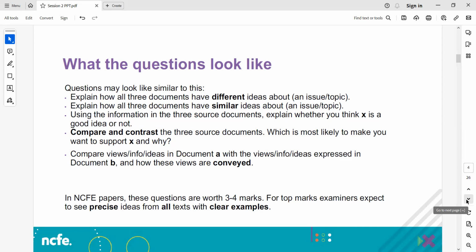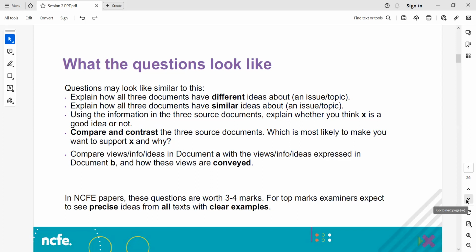So it could be about pollution, for example. Different means you are contrasting the ideas. Another question could be, explain how all 3 documents have similar ideas about the issue or topic. So there you are comparing.